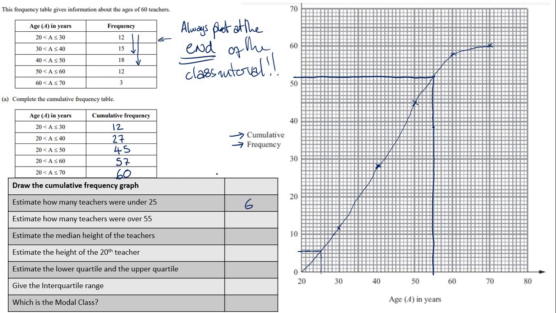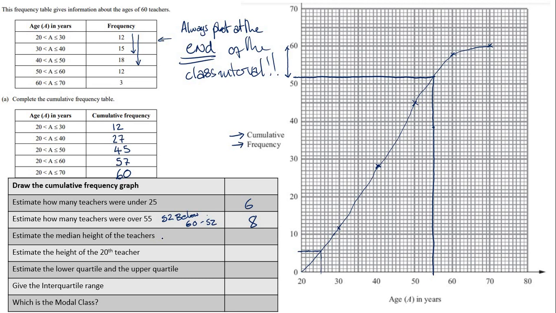Okay? There are 52 below. And so what we do is we do 60, which is the total, take away 52, and we find out that there should be 8 above. Okay, and if you think here, that would be 8, wouldn't it? That gap from 52 up to 60 would be 8.